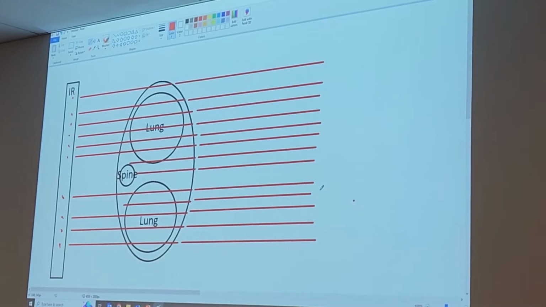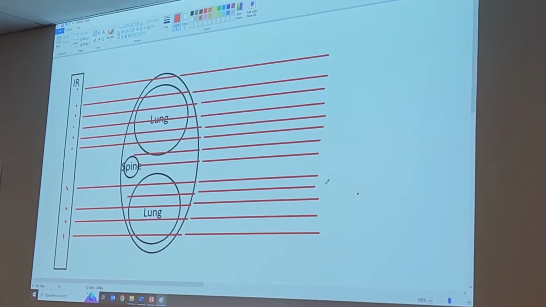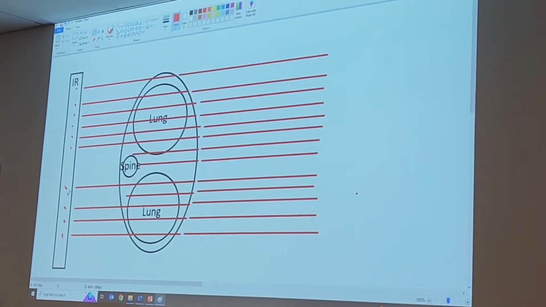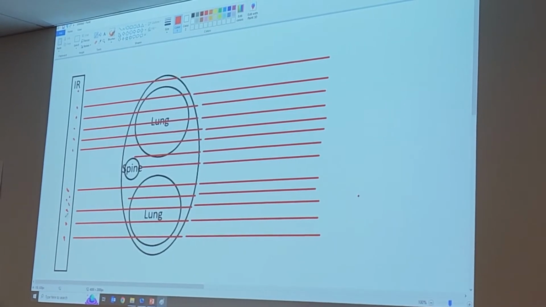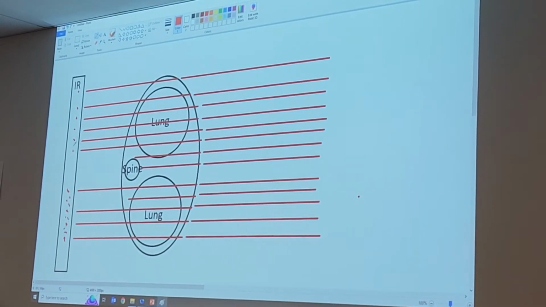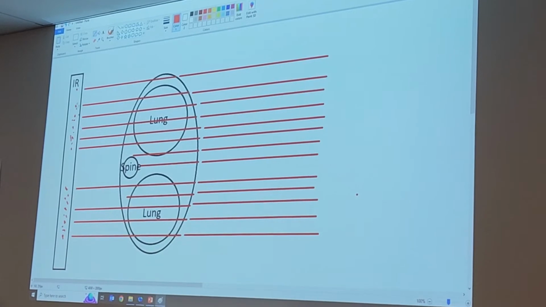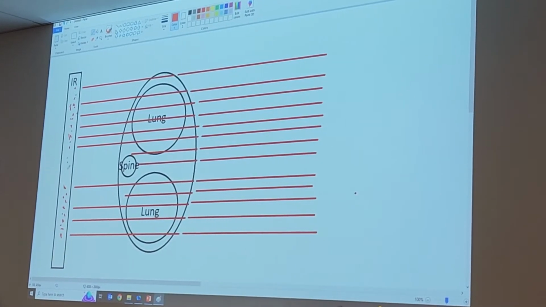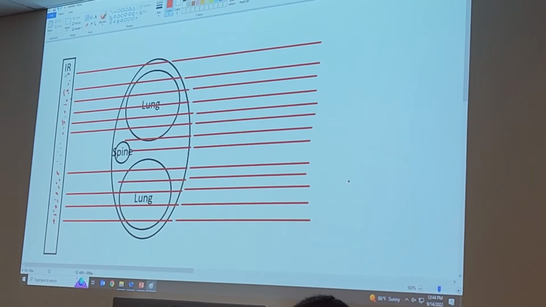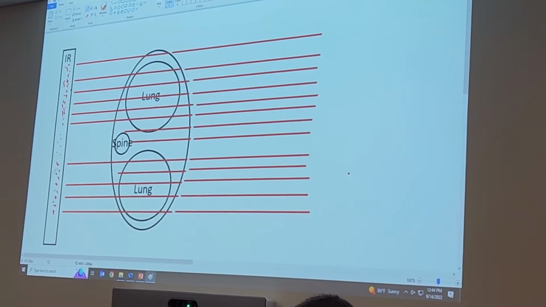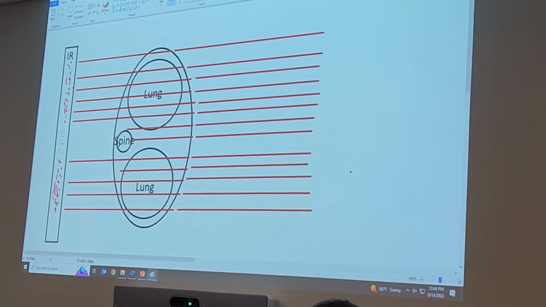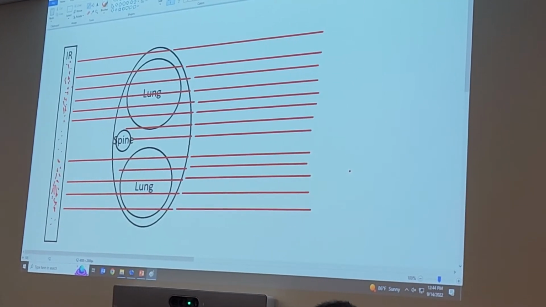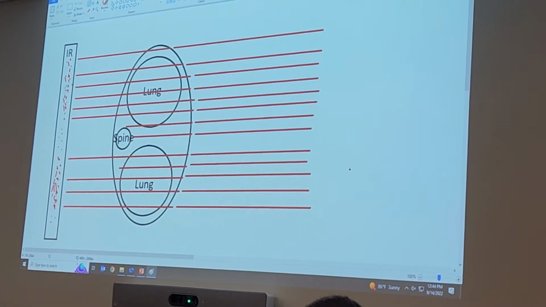Where do you see the most X-rays located? You see them here at the bottom, here at the top, maybe a few here, but mostly the X-rays are going to be concentrated in this region, which was where the lungs were.